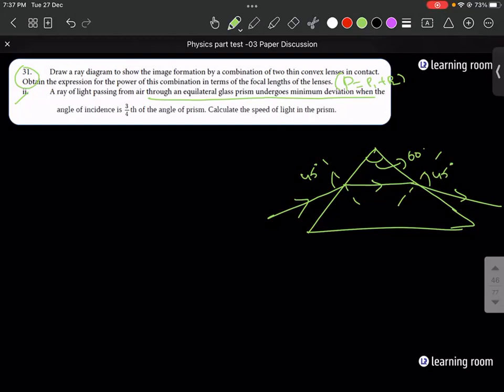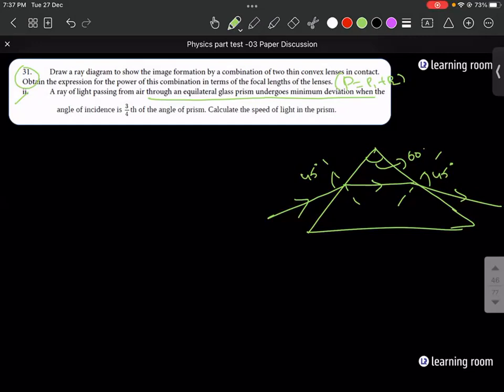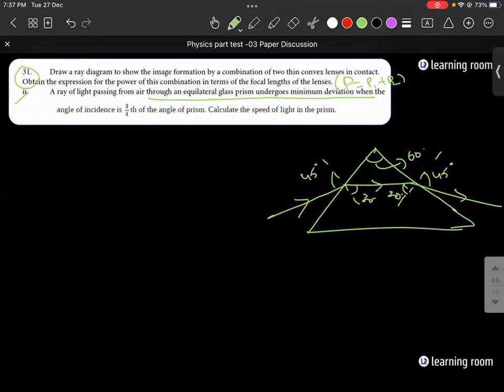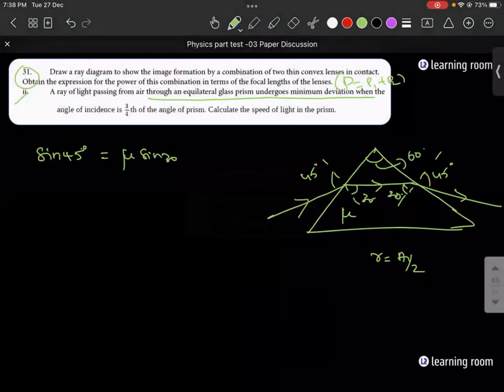So how to calculate it? The angle of refraction will be 30 degrees, because r is equal to A by 2. I hope everybody knows this holds in the condition of minimum deviation. So sine 45 is equal to mu times sine 30.